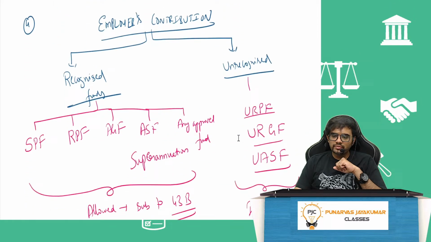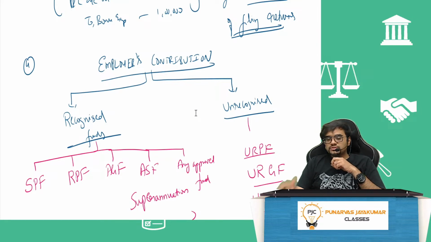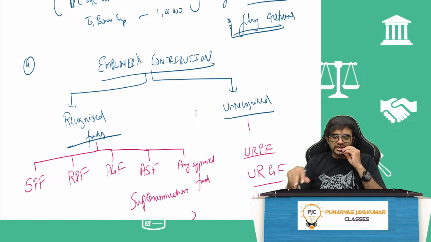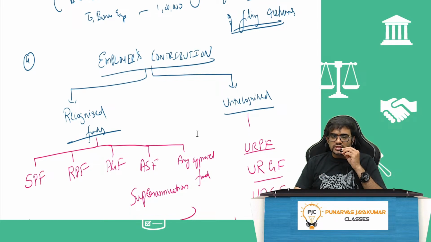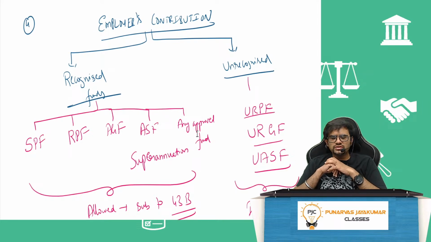Next, as far as employer's contribution is concerned, employer's contribution to PF. There are two types of contribution. One is employer's contribution, one is employee's contribution. Employer's contribution to recognized funds like SPF, RPF, then your gratuity fund, any approved superannuation fund is allowed subject to 43B. 43 capital B is the section which speaks about what?